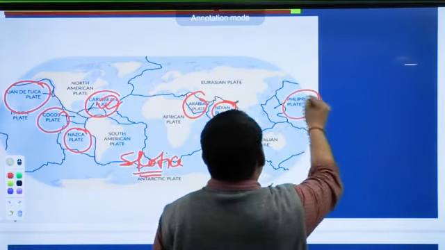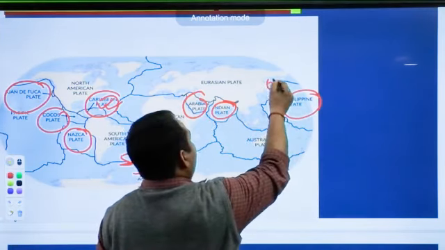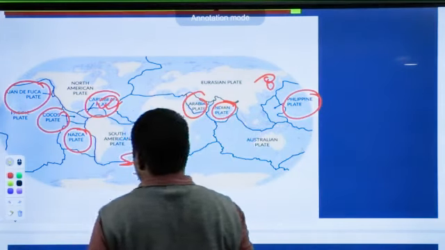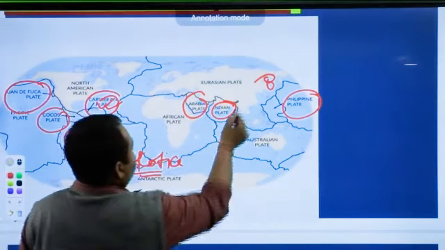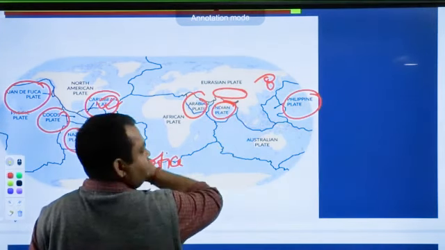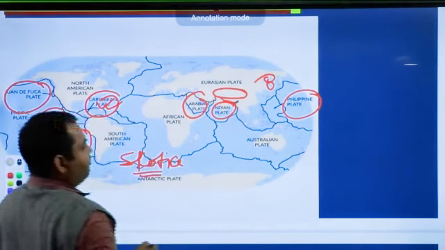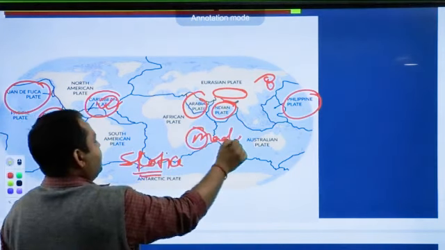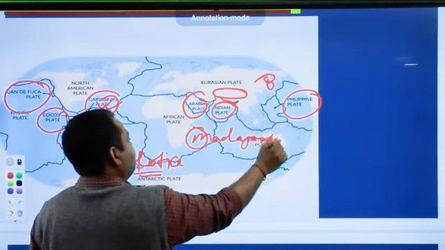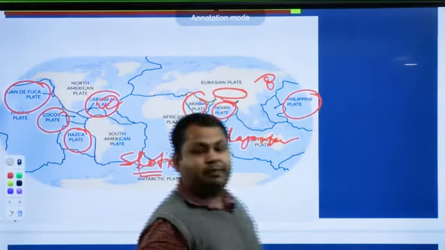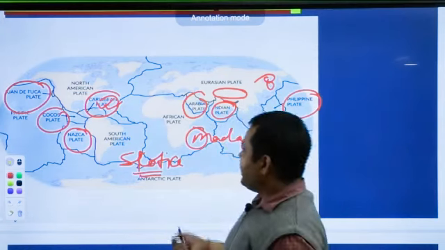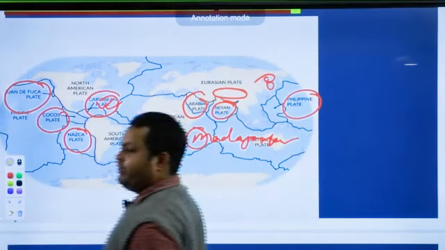Here the Philippines plate, Sakhalin, Okhotsk plate. Then the Chinese plate. Madagascar plate. These are the minor plates in the world.